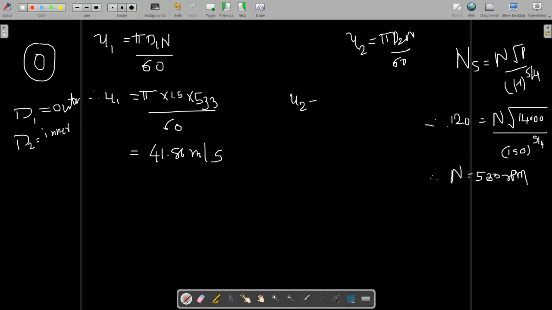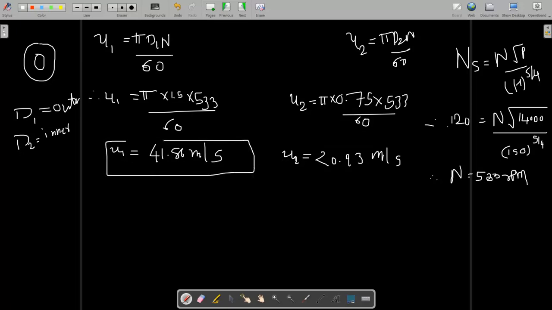Similarly, U2 is pi into 0.75 meter, the diameter given, N is 533, divided by 60. So you will get 20.93, or just by observation you can see the diameter is half, so the peripheral velocity will also be half of U1. So U2 is equal to this, U1 value is this. We have both the values.